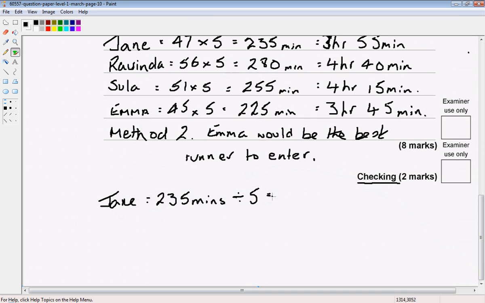So if I divide her time by 5, this should give us our fastest time. Okay, so if I was to do this on a calculator, 235 divided by 5 would give me 47 minutes, which equals her fastest time.